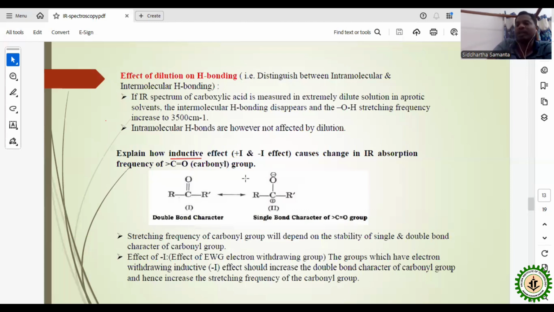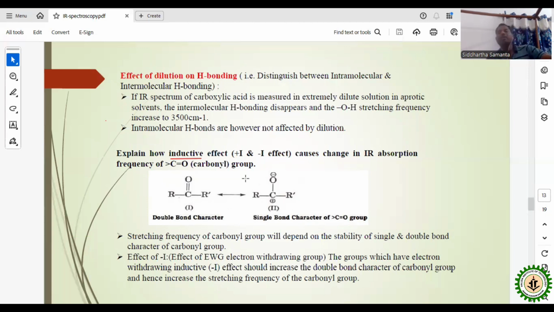So IR could also differentiate which type of hydrogen bonding takes place. For intramolecular hydrogen bonding, after dilution there is no change. But for intermolecular hydrogen bonding, OH stretching frequency, CO stretching frequency is increased.